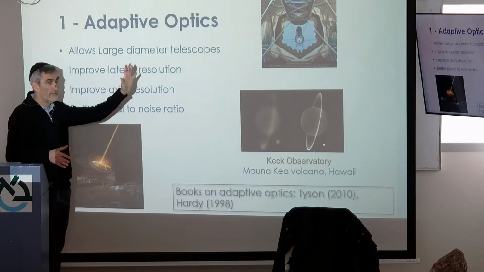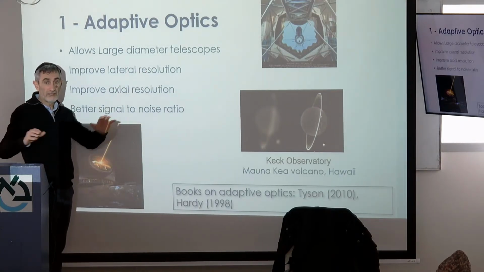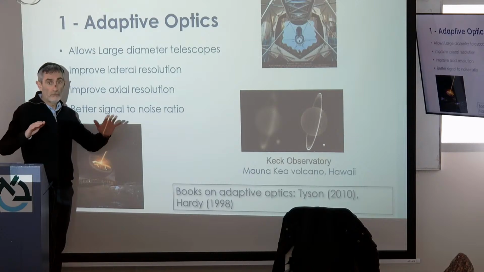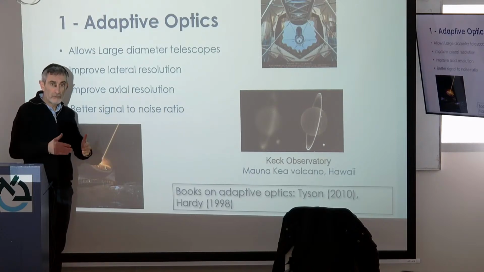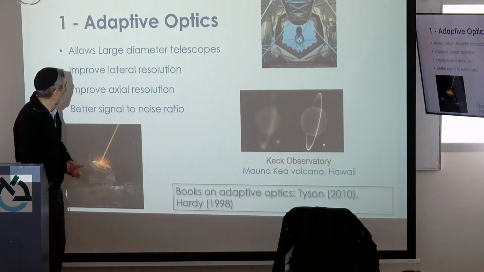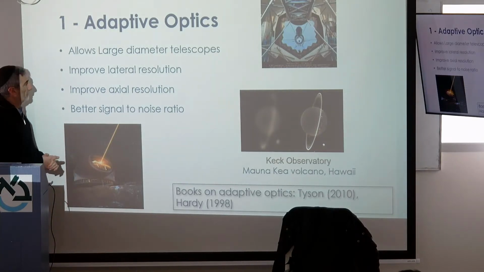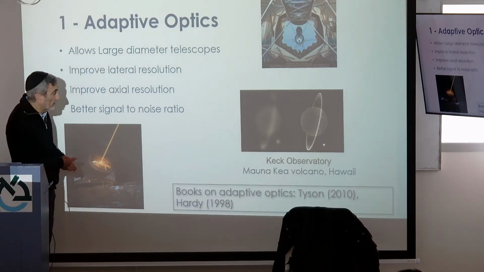You can have mirrors at different distances. The more you increase the size of the mirror, the more you increase the resolution of your image. You can improve lateral resolution and axial resolution by playing on the mirror. Those are examples here.